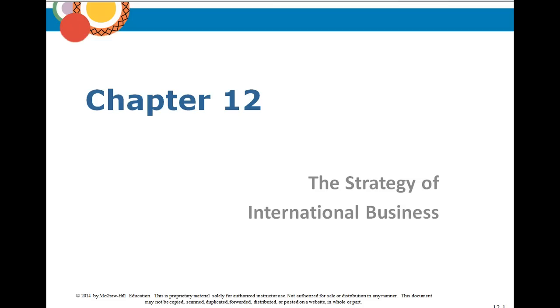We're going to talk about benefits and costs and risks and strategic alliances. So there's a lot to discuss, and we're focusing more on the company rather than the total big picture of the whole world.